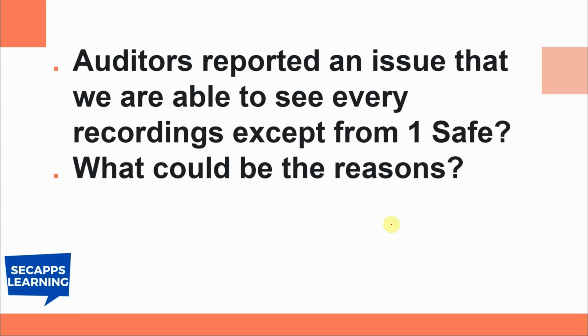And let's say it's deleted from that one safe, that's why he's not able to see. Someone removed it. Let's say someone has deleted that group from the safe. That auditor group is not available on the safe. Then how will your auditor be able to see those recordings? Because the auditor doesn't have access on the safe.